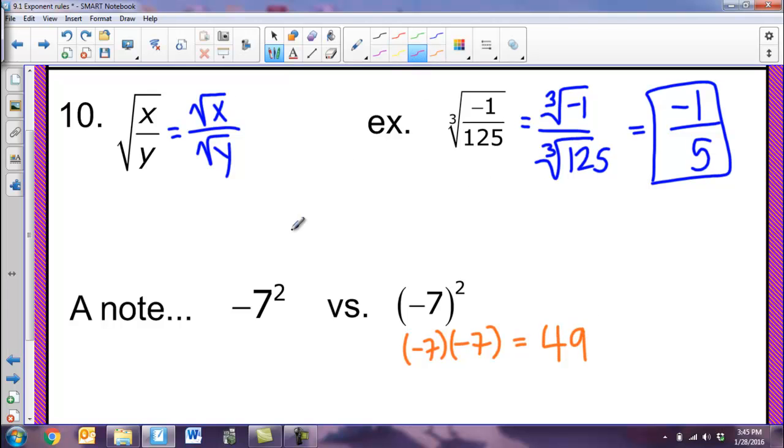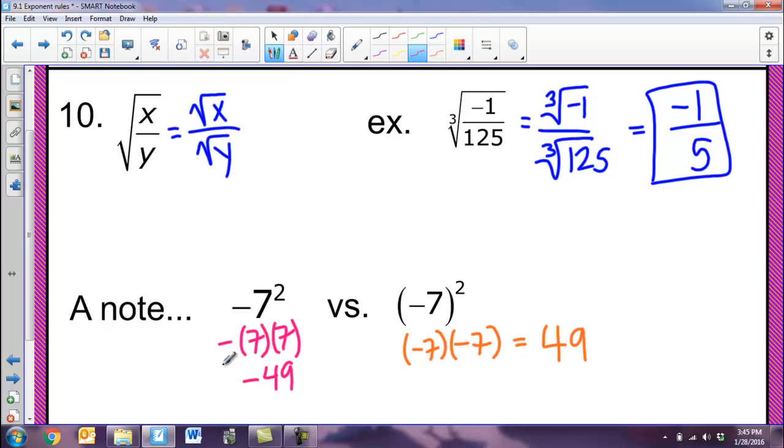Now if I did this first one, the negative's not actually being squared. This would be like saying -1 times 7 squared. So you're taking 7 squared, which is 49, and then you're just going to make it negative in the end. And those are two completely different answers. So if you're using your calculator, you need to be careful what you're typing in, and be careful of what's actually getting squared or what's actually getting raised to the power.